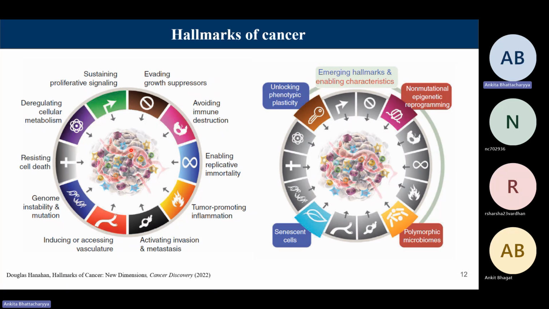So basically, the key difference between these two is in context of how well it has actually been established. I had suggested people to go through the third hallmark paper, basically the new dimensions. I think that was the third one. Let me open it up. Let's have this discussion today itself.